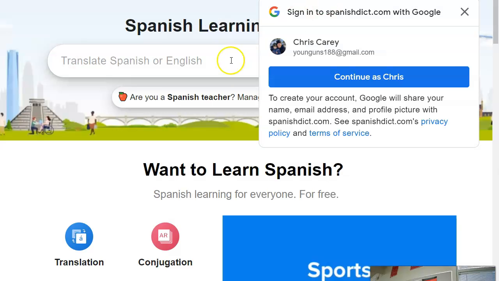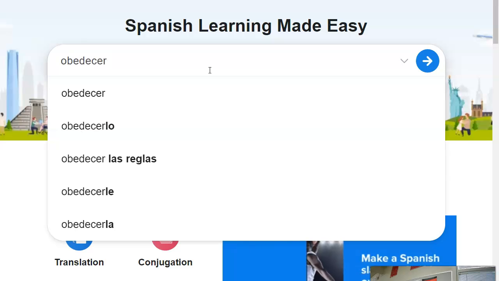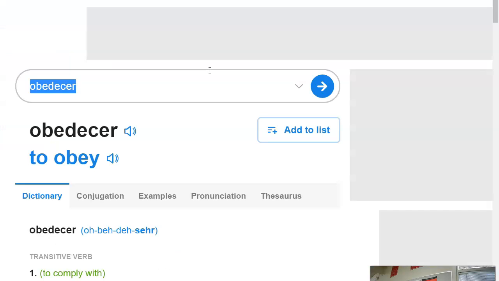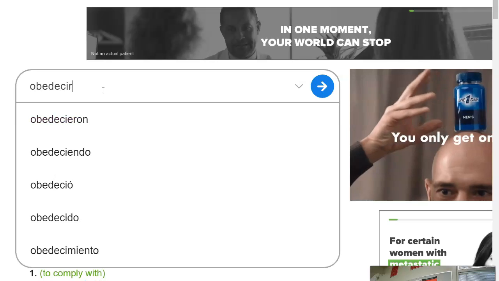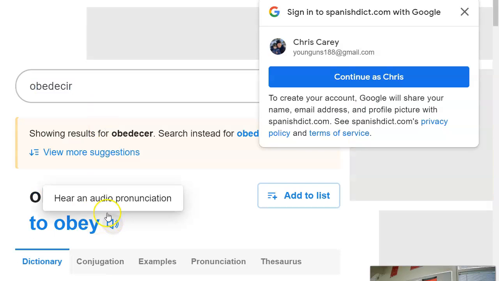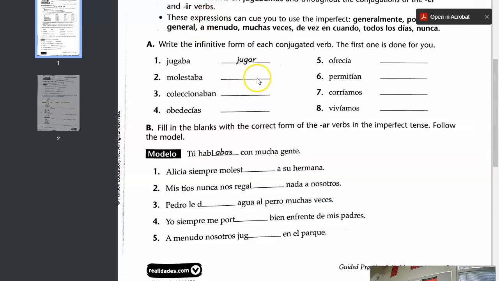Let's see if obedecer looks like it. Well, there you are. Obedecer is an er verb. If I put ir, I don't think that verb exists. Yeah, it'd probably correct you. So that's helpful, knowing that you can put it in the dictionary.